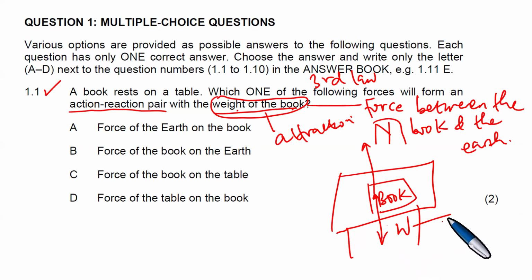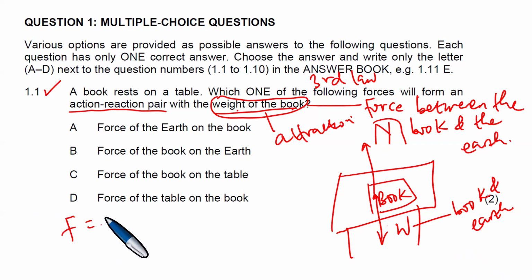So the weight is a force between the book and earth. Okay, this is the force between the book and the earth, because we speak about a force which has two objects, right? m1 m2 over r squared, the formula we were talking about earlier on WhatsApp.